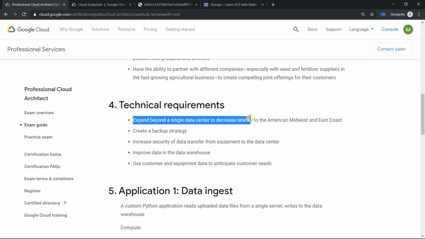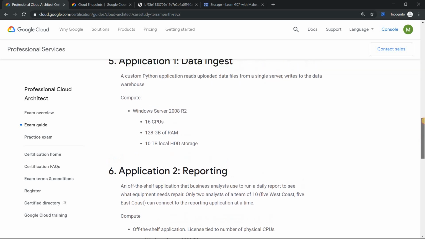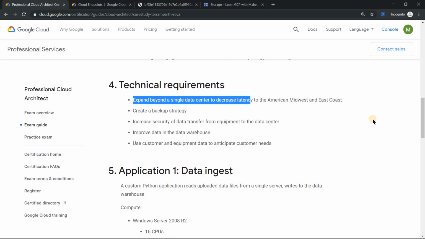It could be virtual machines, because they have a virtual machine requirement. You can have an instance group, one in US West and one in US East. That is a possible thing. And we have the data warehouse, which is BigQuery. You can use US as the multi-region resource, which can be helpful there. Then we have Dataflow and Pub/Sub, which you can also make multi-regional. So that is one option.